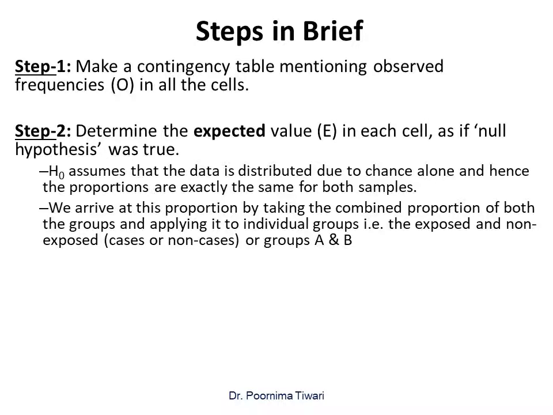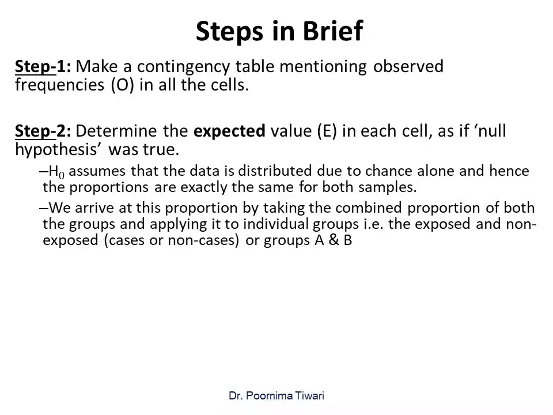And what should be that proportion? We arrive at this proportion by taking the combined proportion of all the groups. That is, total participants who have the attribute divided by total participants, combining all the groups. So that proportion is applied to all the groups. And the expected number according to that proportion is calculated for all the cells.